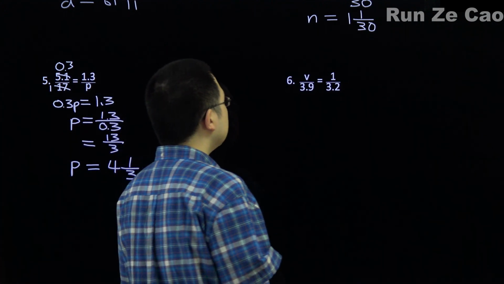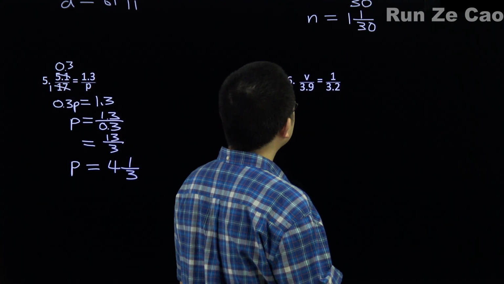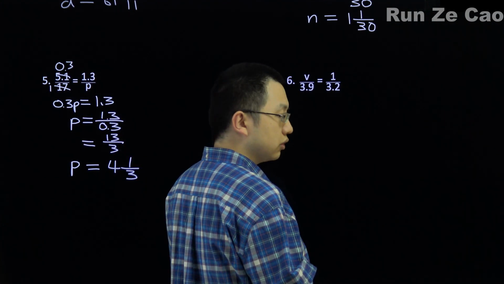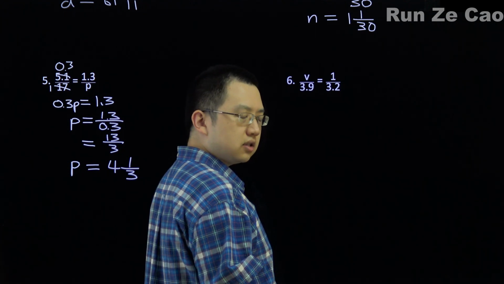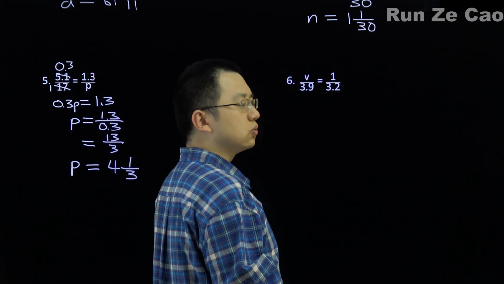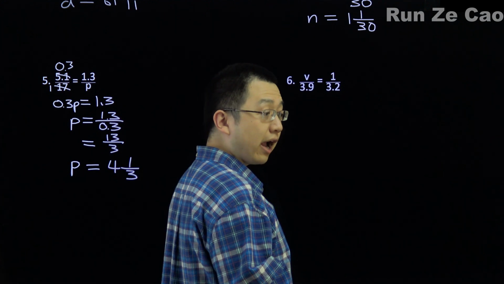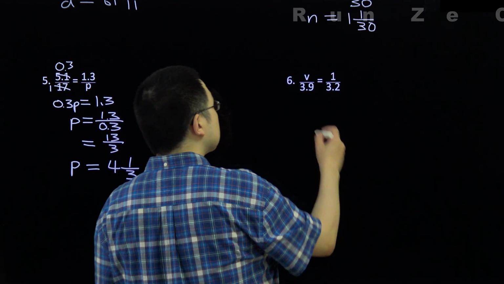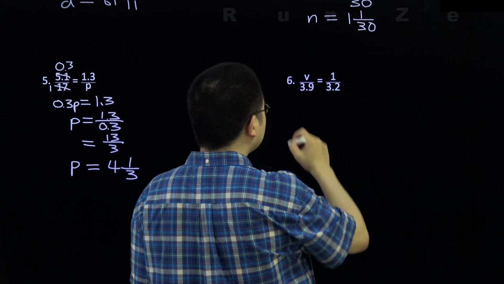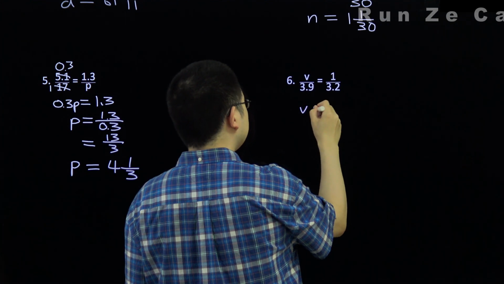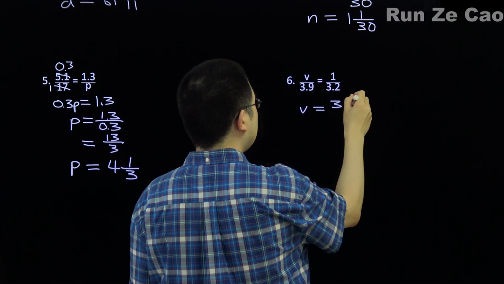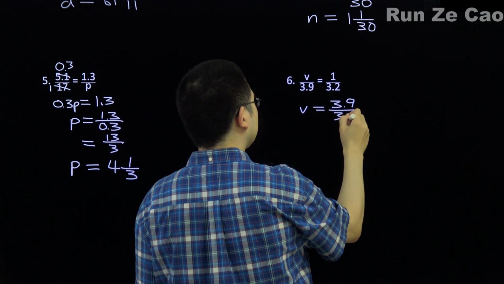Okay, now v over 3.9 is equal to 1 over 3.2. In this case, you don't need to cross multiply entirely. You just multiply the 3.9 out of the denominator here and you got V. 3.9 over 3.2.